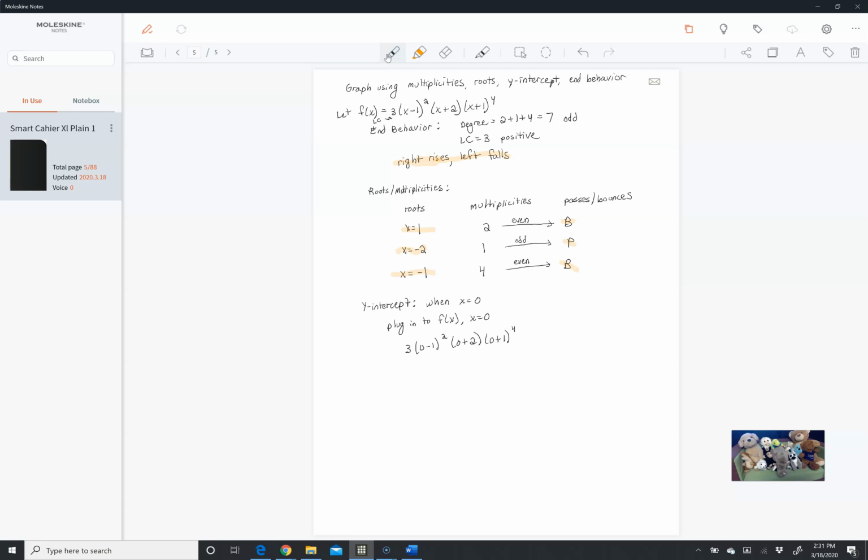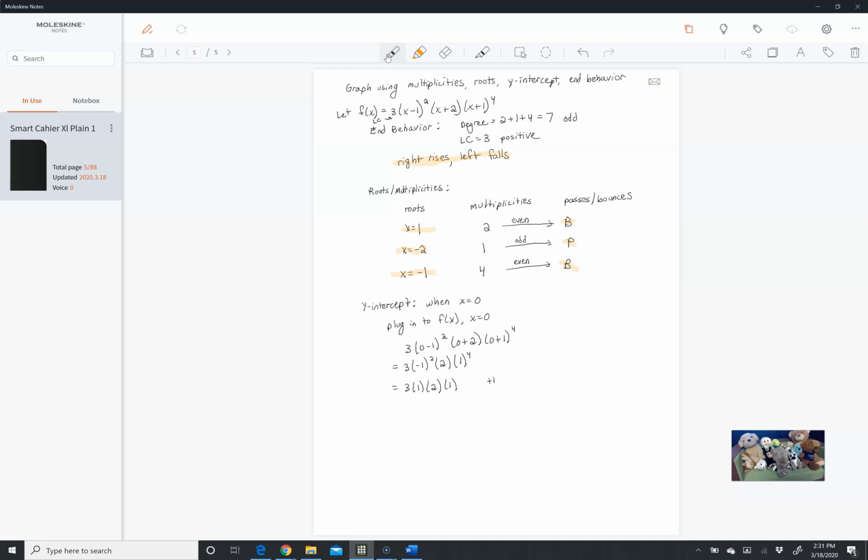And just be careful here, you're multiplying. This becomes 3. 0 minus 1 is negative 1 squared. 0 plus 2 is positive 2. And 0 plus 1 is 1 to the 4th. This is an order of operations problem. Negative 1 squared is 1. So you're doing 3 times 1 times 2, and then 1 to the 4th is 1.